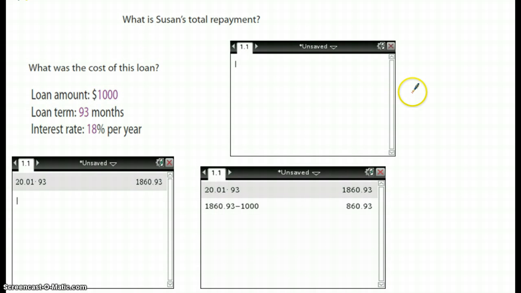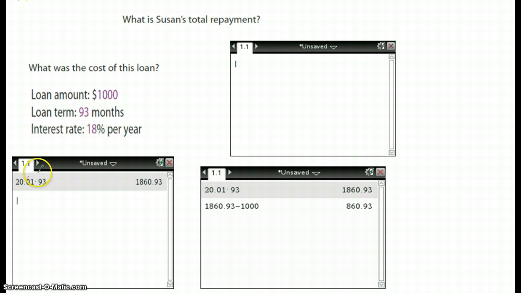Now we want to get to, what is her total repayment? What's the cost of the loan? What is she going to pay for this $1,000? Remember, the loan amount was $1,000, 93 months is the term, and 18% is the interest rate. I've got a new document here, and I'm adding a calculator.